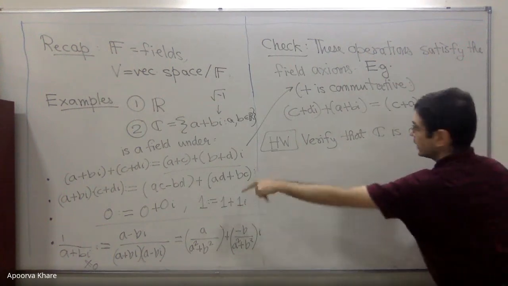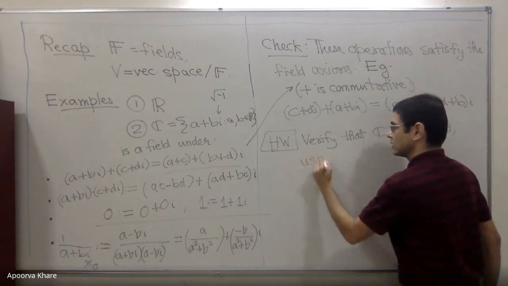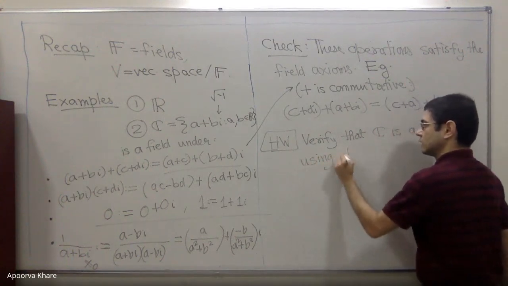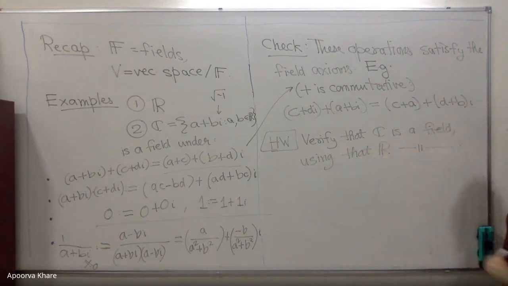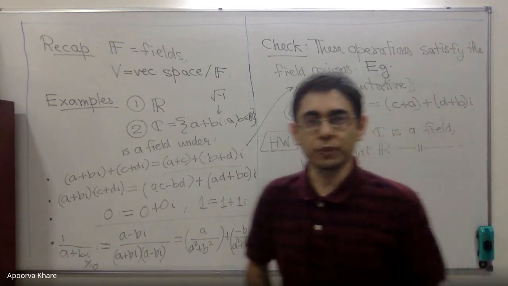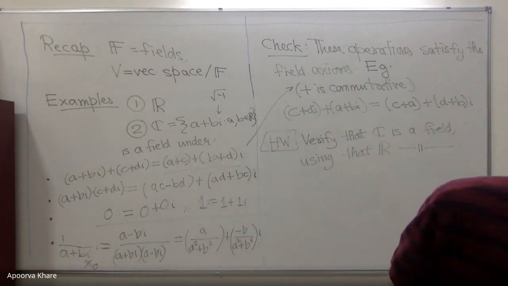Meaning under these operations, they satisfy the field axioms using that R is a field. That will be one of your problems in homework set 1. Okay, so that is one thing.